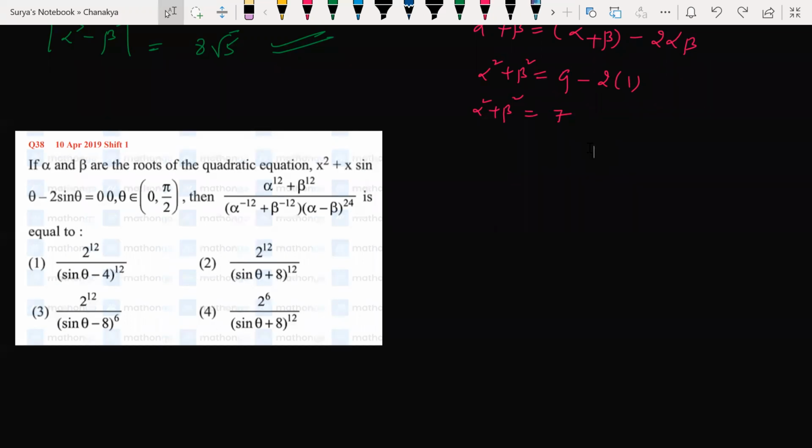How do we approach this type of problems? Okay, what idea you are getting? Tell me. Alpha and beta, like sum of the roots and product of the roots, we can find it from the equation. The sum of the roots and product of the roots, we can substitute from the equation, like minus b by a, so we get minus sine theta. Right. Okay, you got it. Okay, next.